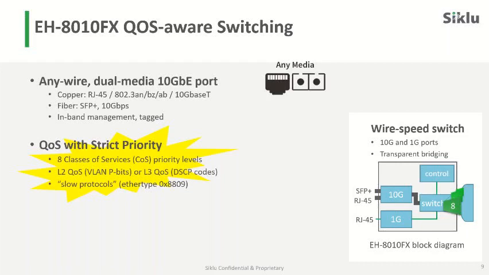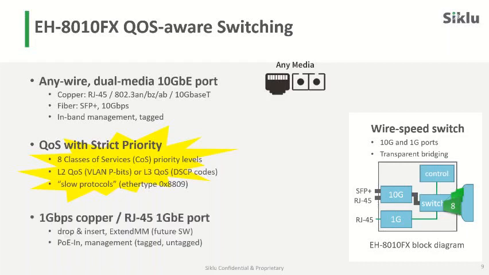So these can be prioritized automatically regardless of whether you choose to operate your network in layer 2 or layer 3 QoS. And in the switch, we still have this 1 gigabit port, which is capable of doing drop and insert, management, and also power over Ethernet into the radio.